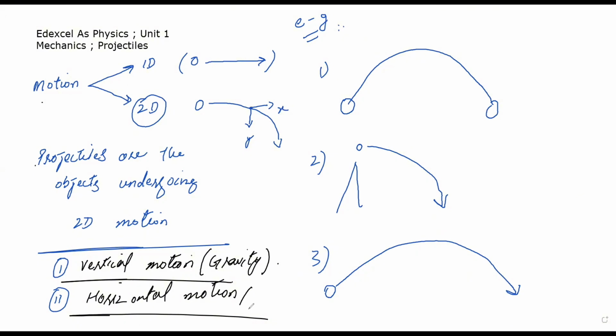So in the horizontal motion, we've got no force affecting the horizontal motion, right? Whenever we are talking about the horizontal motion, we need to keep in mind that the velocity along all the horizontal path would be constant, right?